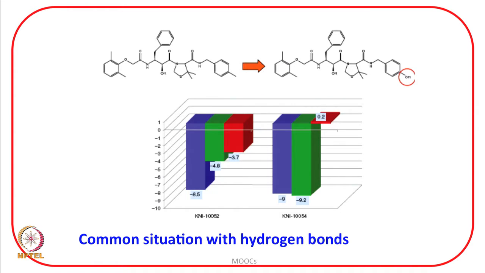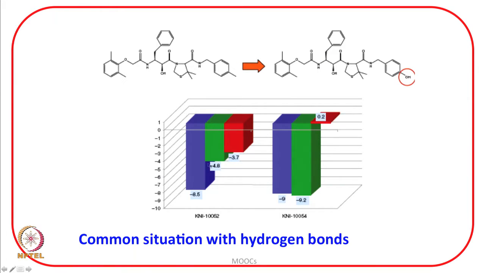And here you see delta G naught has gone from minus 8.5 to minus 9, which corresponds to binding affinity going up by a factor of 2 only. If you convert this into binding affinity, it turns out that it is only increasing by a factor of 2.